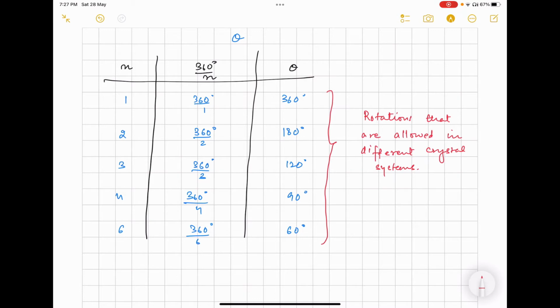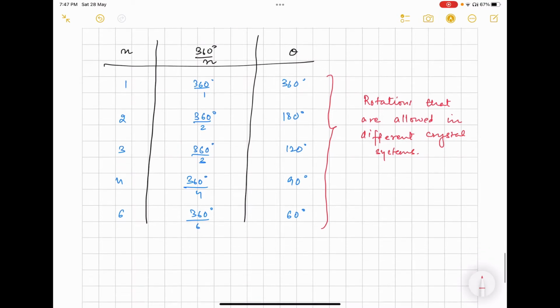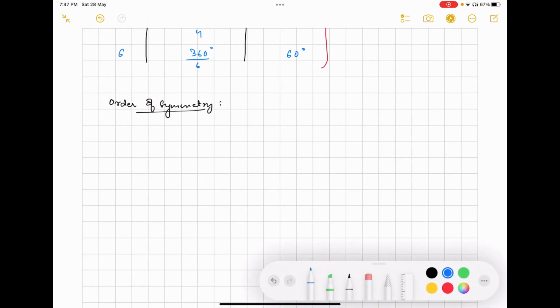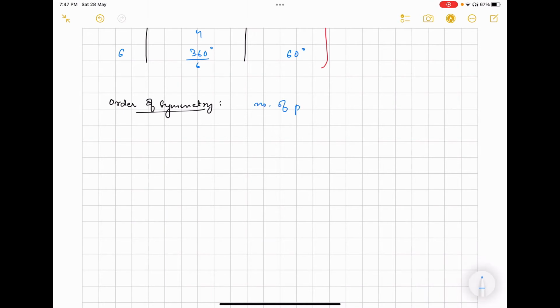Okay, now let us check each one of them one by one. Before we go on to different kinds of rotations, let us first check what is meant by the order of symmetry. So order of symmetry is basically the number of points that are left behind by a symmetry operation.